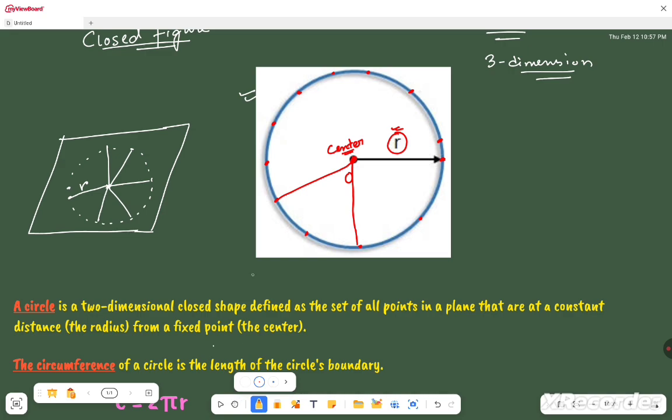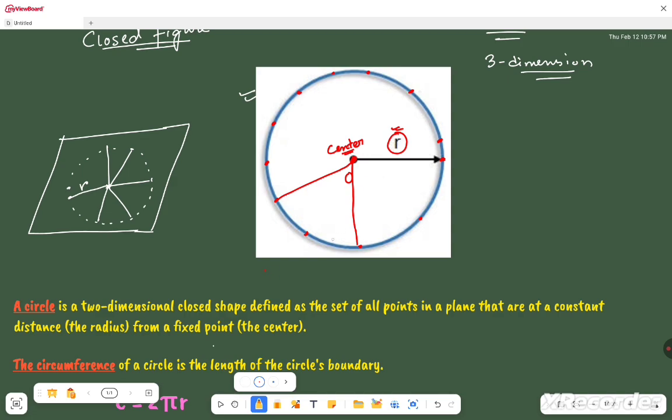Now we have many properties of the circle. We need to know about various terminologies: what is diameter, what is radius, what is chord, what is secant, what is arc, what is major arc, what is minor arc, what are sectors in a circle. All these things we have already learned in our previous classes.